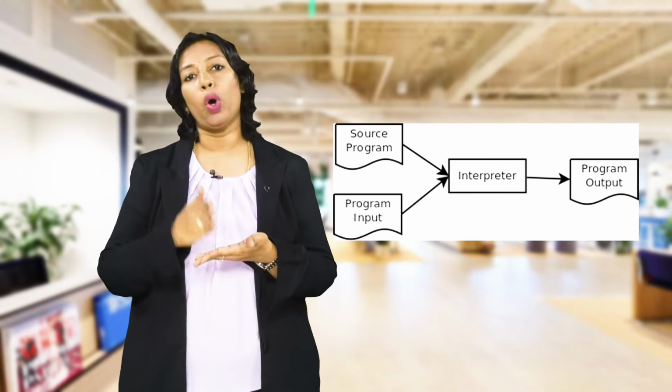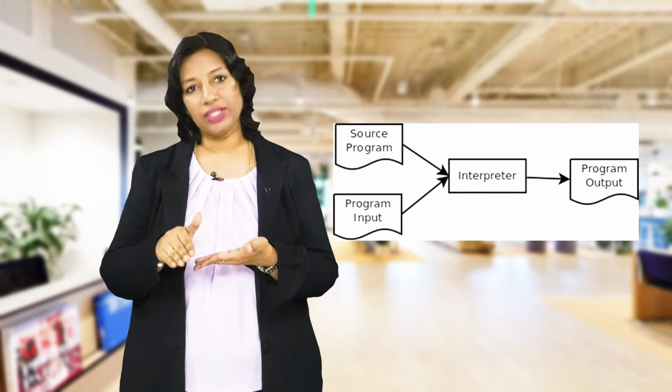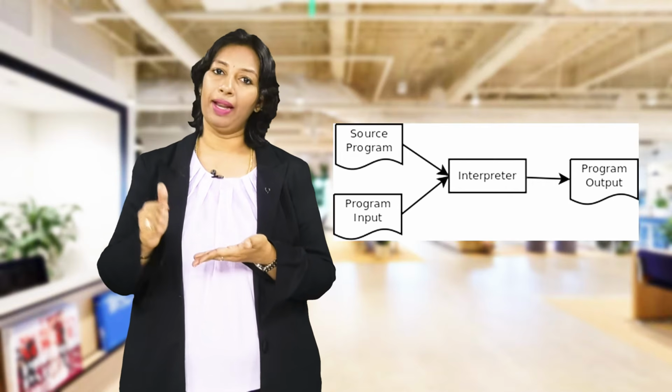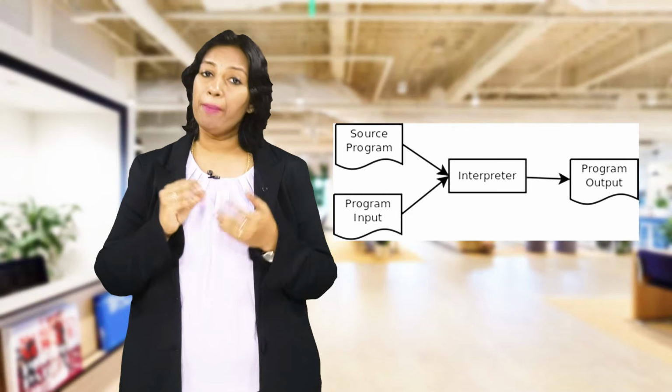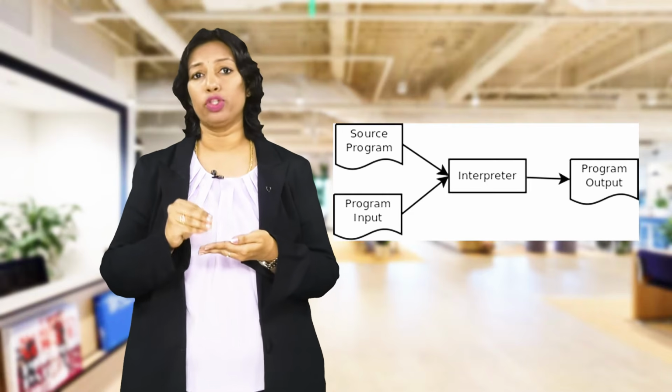An interpreter, on the other hand, translates and runs the program line by line, showing results immediately and making it easier for beginners to spot mistakes. Because of this, high-level languages are much easier to learn, use, and debug. They also allow programmers to focus on solving problems rather than worrying about the complex details of hardware.